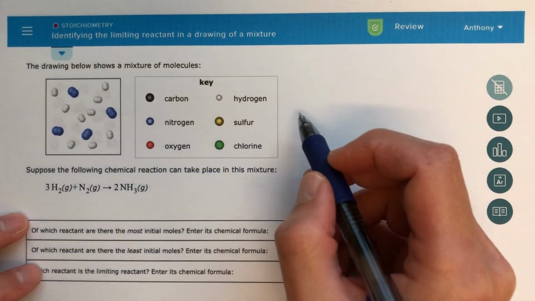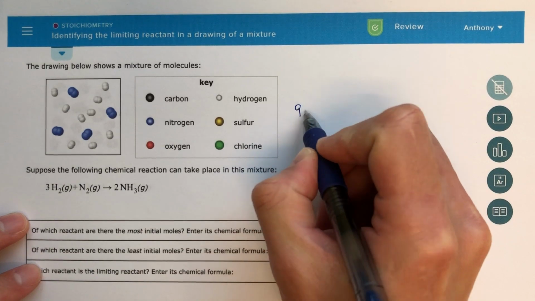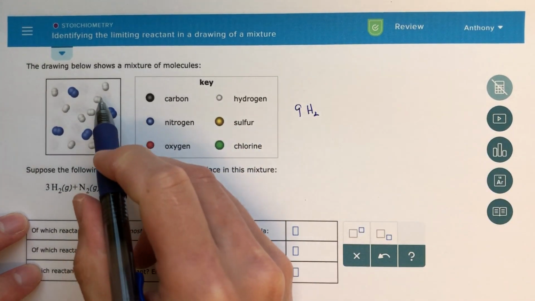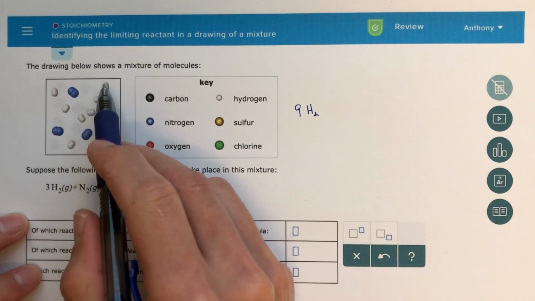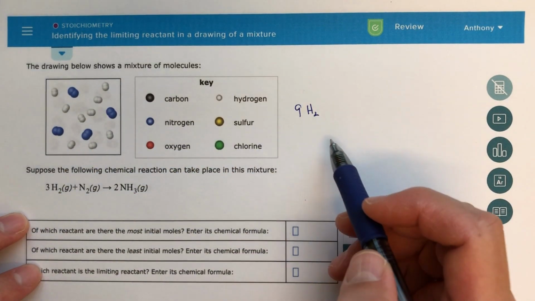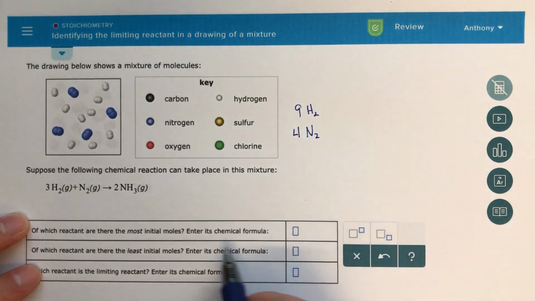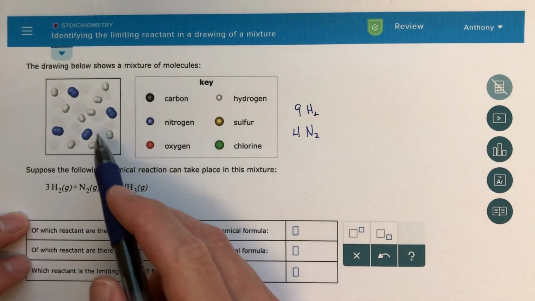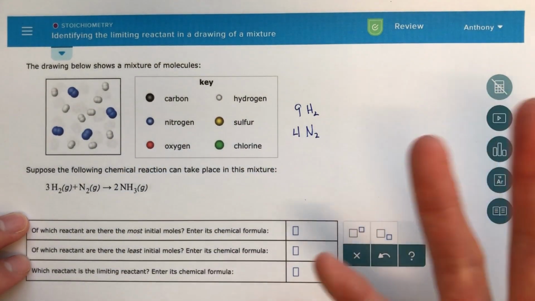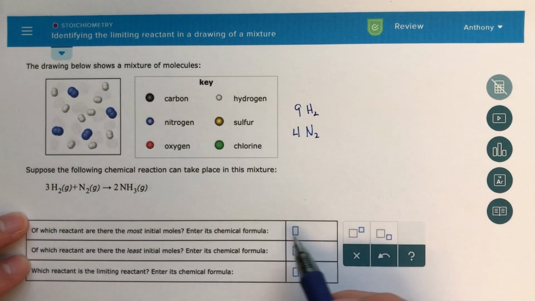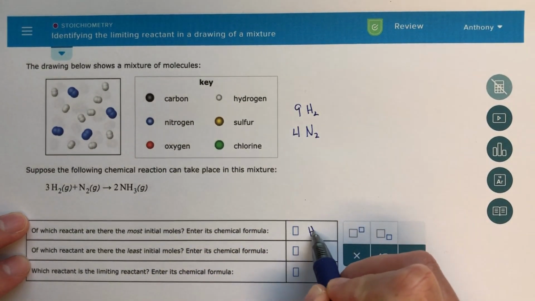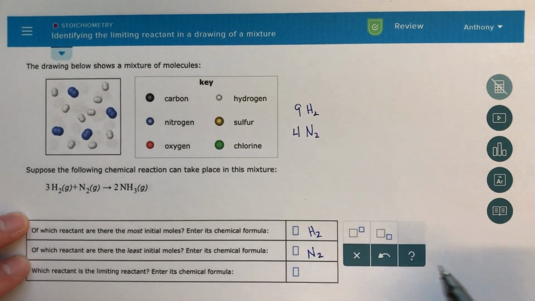So in this picture here, I'm going to end up with 9 H2 molecules. If you just count 1, 2, 3, 4, 5, 6, 7, 8, 9, we get 9 H2 molecules and only 4 N2 molecules. So these first two questions are really just count these up and tell me which one is the most and which one is the least. So most is going to be H2 and least is going to be N2.